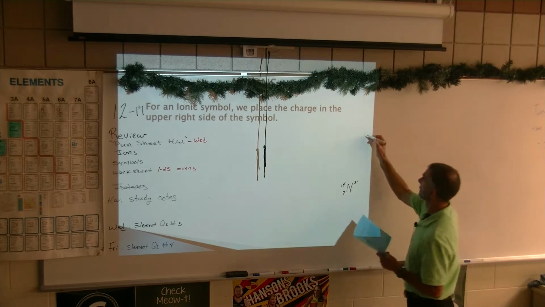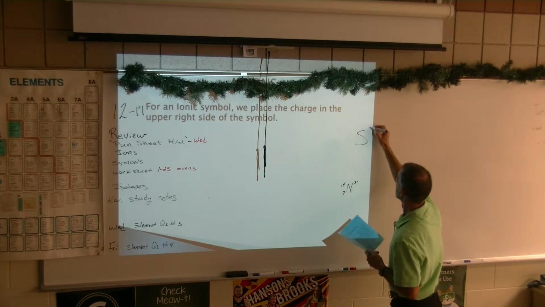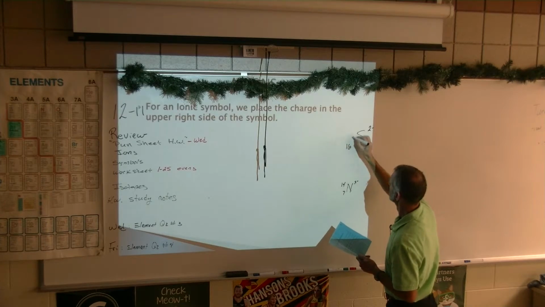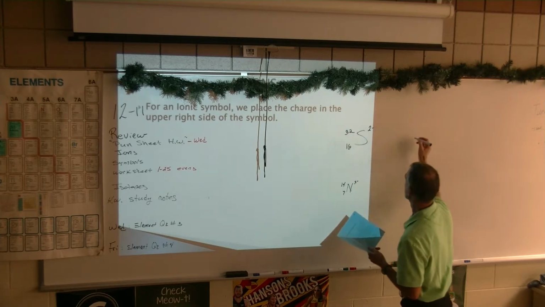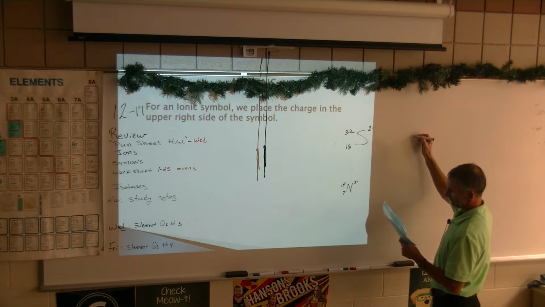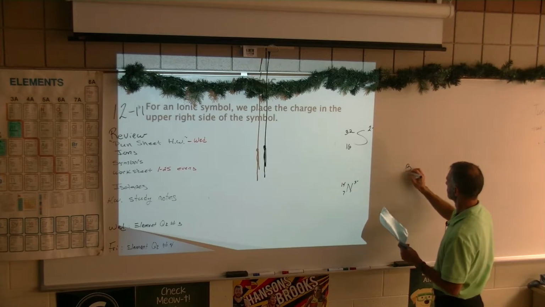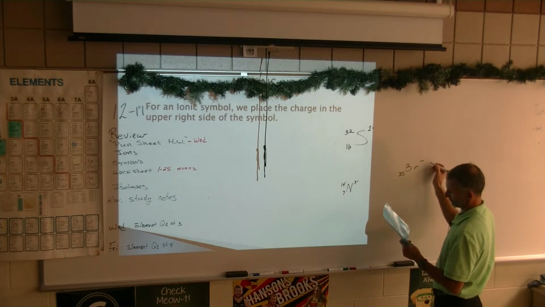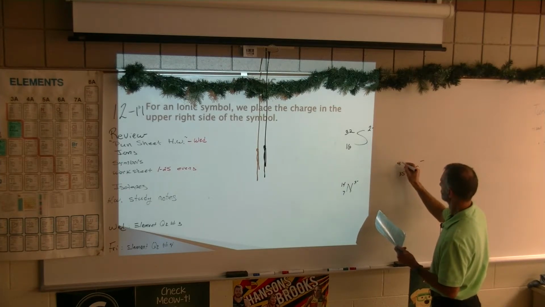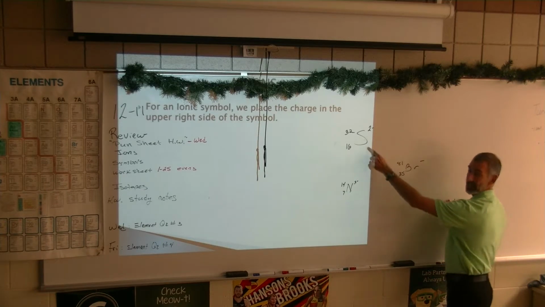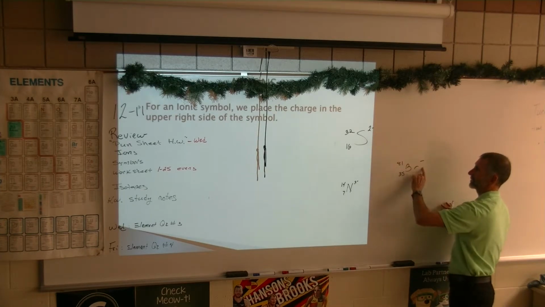So let's look at sulfur. And let's look at bromine. So these are anions, negatively charged.